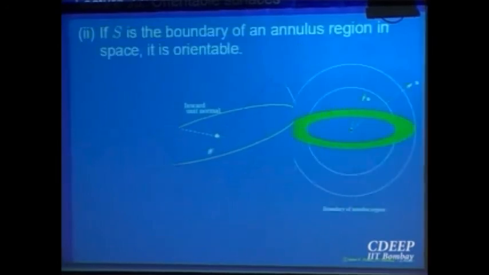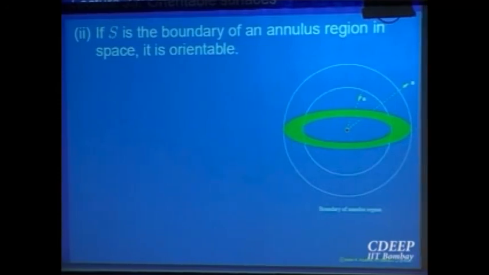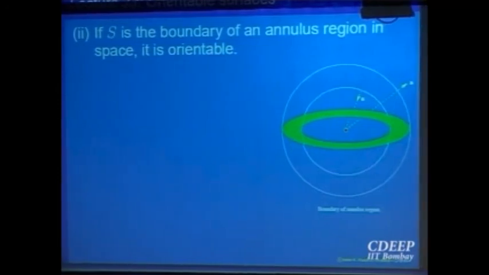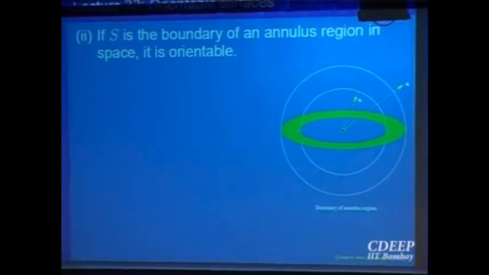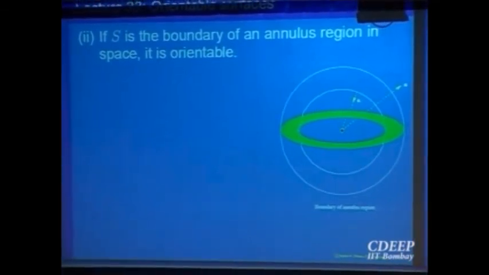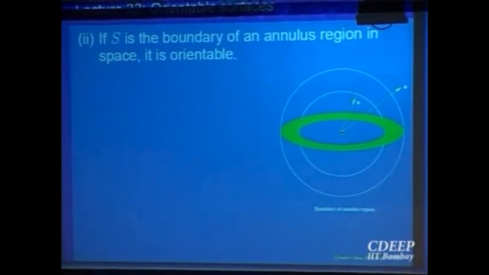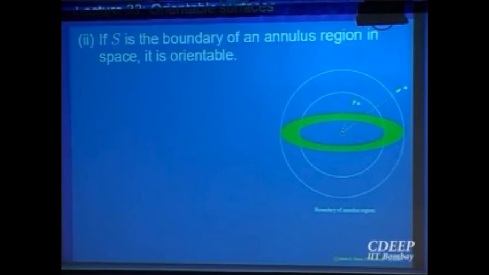Okay? So for a sphere, let us look at the annulus portion. I'm not looking at the solid annulus region, I'm looking at only the hollow one. Inside one boundary, outside the other boundary. These two put together is one surface. The surface has two pieces, the outside and the smaller sphere. Is that orientable?